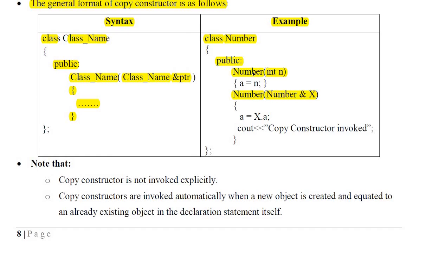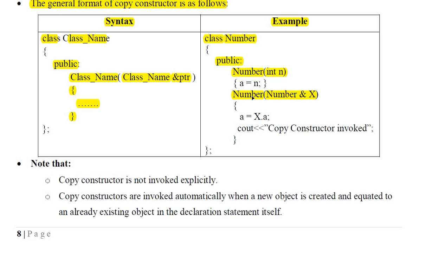So in the above function, Number(int n), we are creating a constructor, and this is a parameterized constructor because here we are taking one parameter, integer n, which is a normal variable. But in the second line we are creating another constructor which has the same name, Number, as the class.